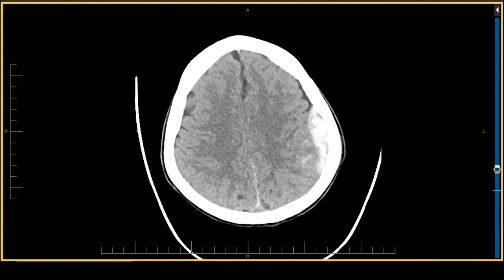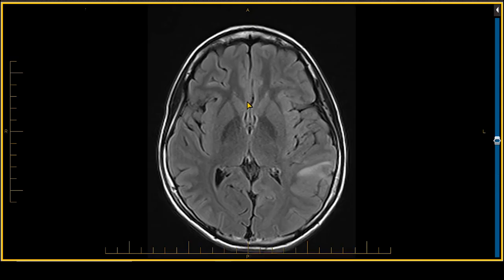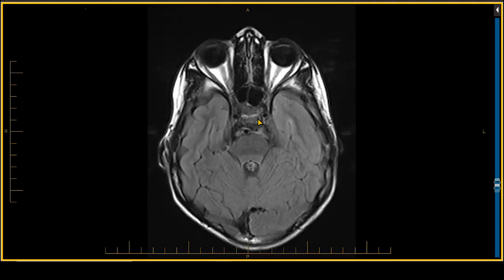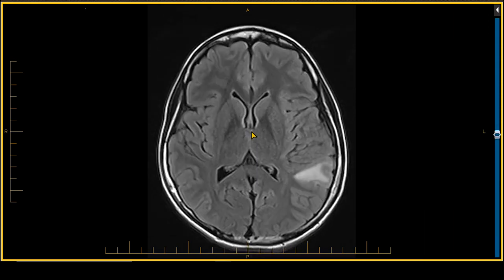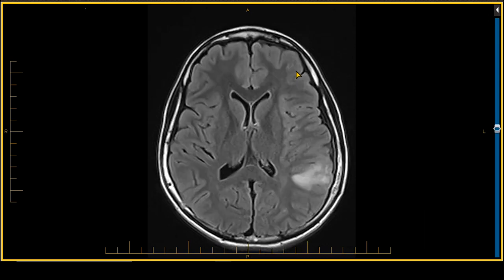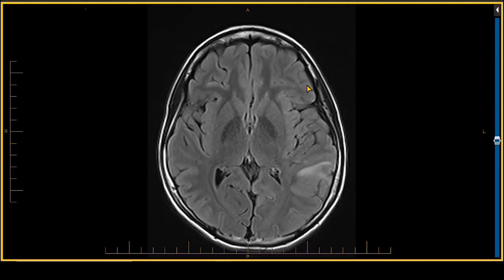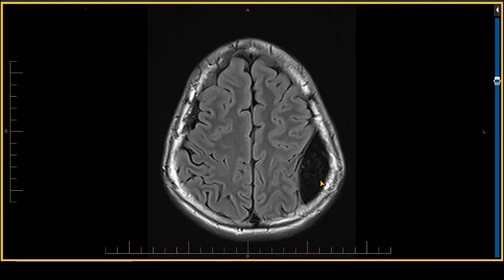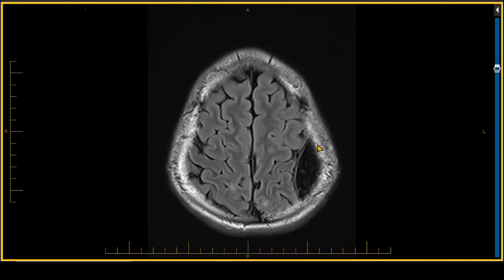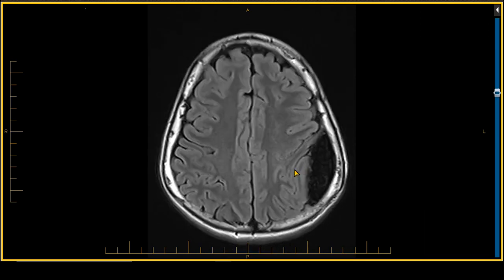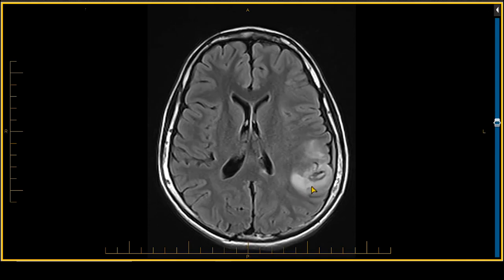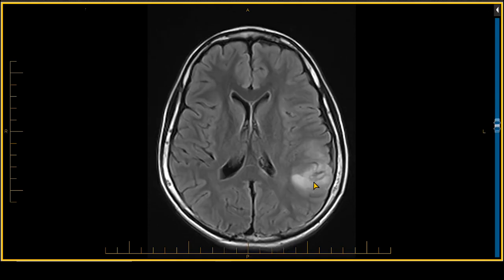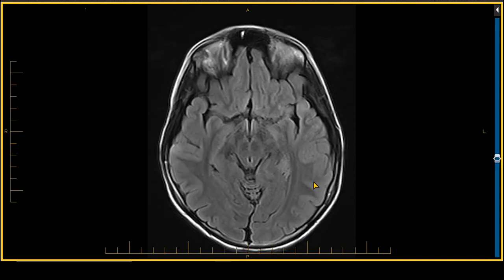On the MRI scan, I'm going to show you the FLAIR scan first. So this is a FLAIR scan, dark CSF, dark white matter, higher intensity gray matter, and you can see the collection of blood as well as what looks like an underlying hematoma in the brain or contusion, and likely the subarachnoid hemorrhage.